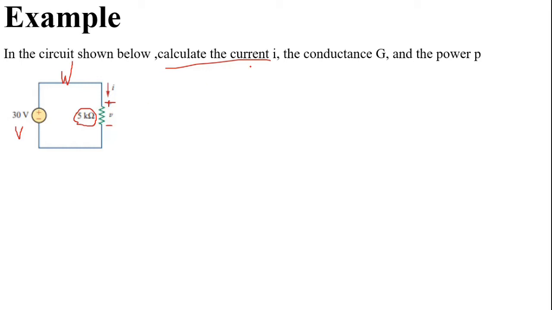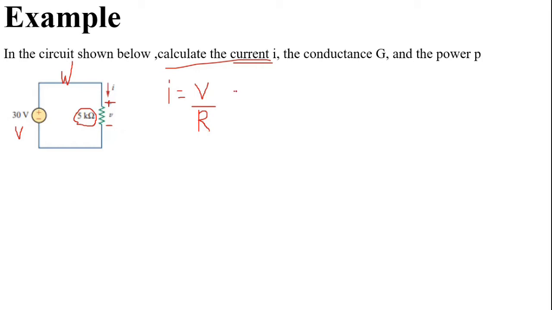What is the current? From Ohm's law, current can be calculated as the voltage across an element over the resistance of the resistor. The resistance of the resistor in the circuit is 5 kilo ohm.